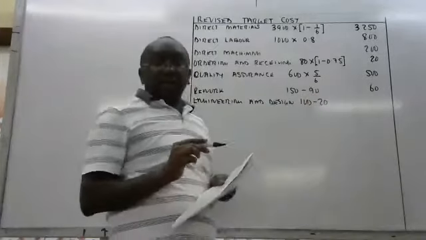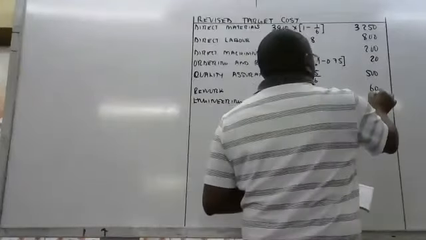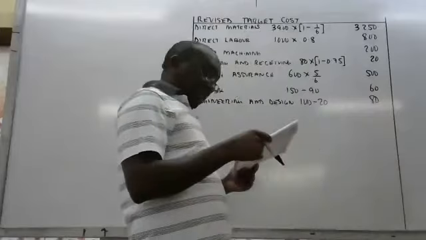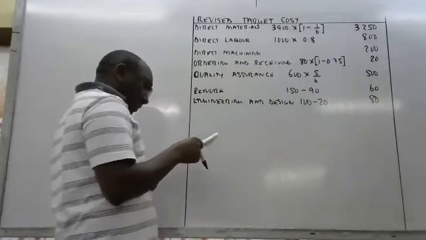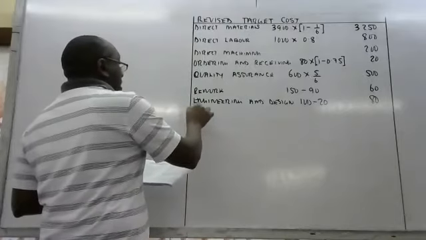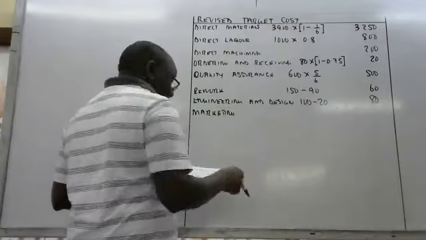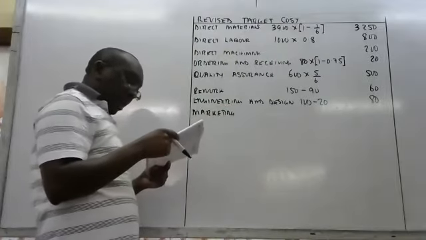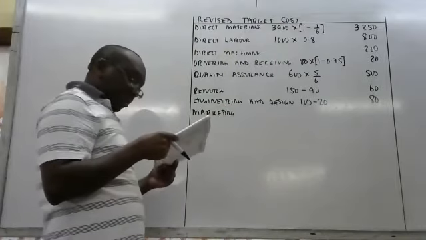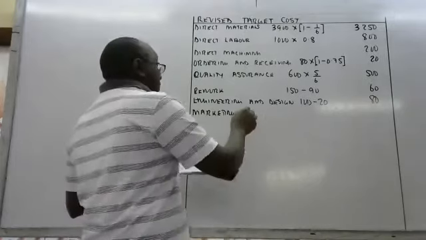So if it reduces by 20, yes, I can see we are left with 80. Good. Then marketing costs, we right now have 400, and we are told it is going to reduce by 37.5.